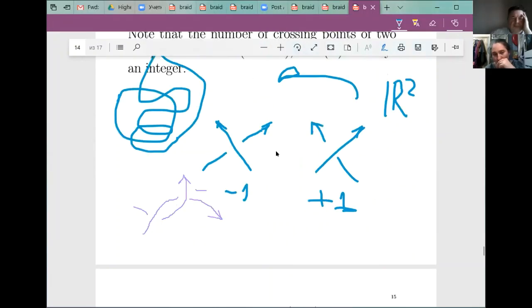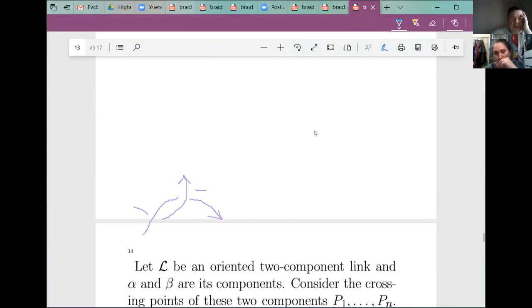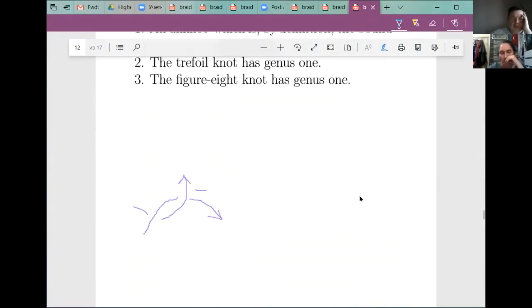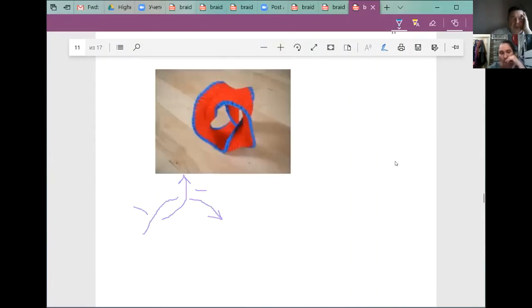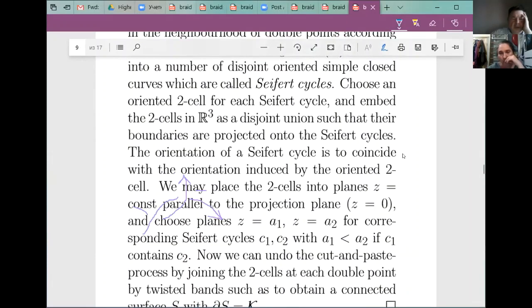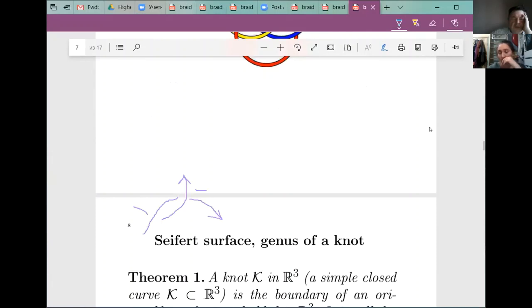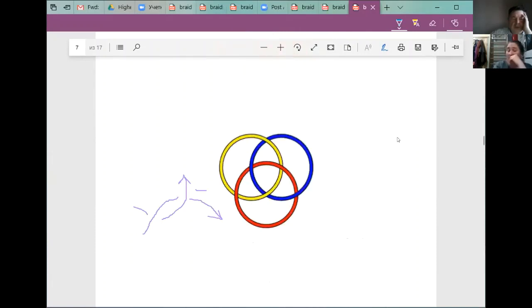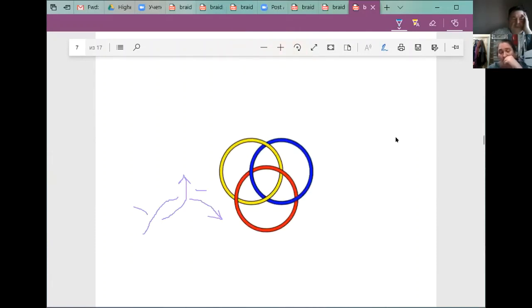So Hopf, you remember. Maybe Borromean you remember also. So maybe I need to show Borromean, this is.